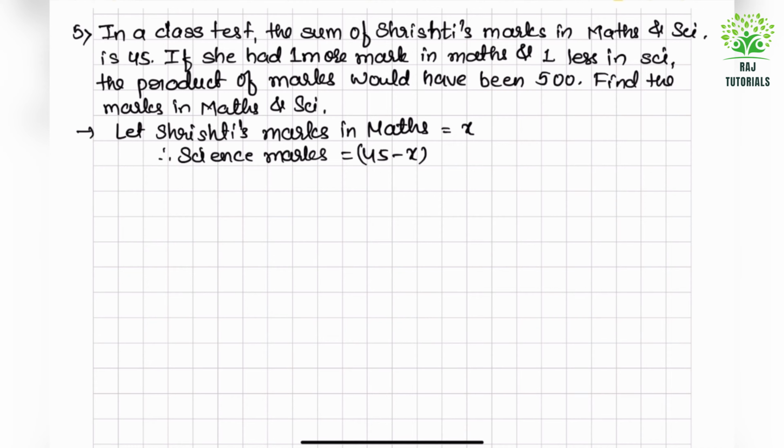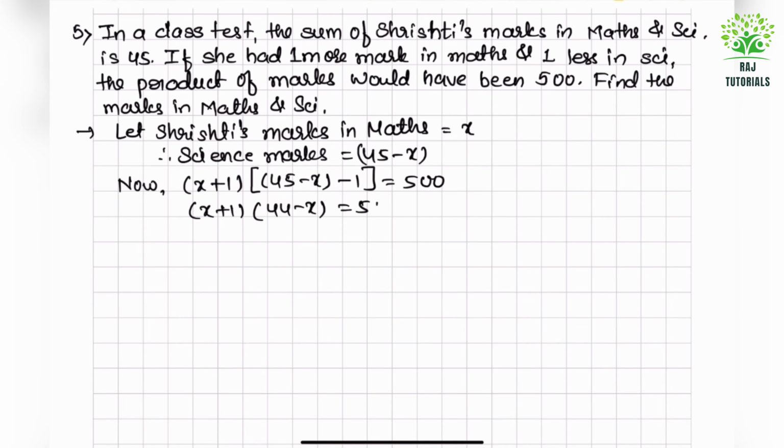Now if she gets one more mark in maths, that is x + 1, and one less mark in science, so 45 − x − 1, the product comes as 500. So I can say (x + 1)(44 − x) = 500.